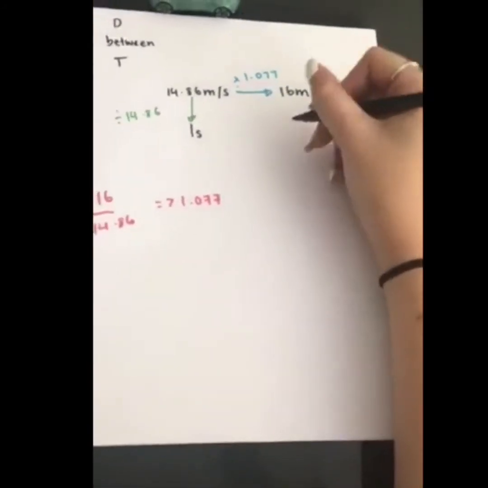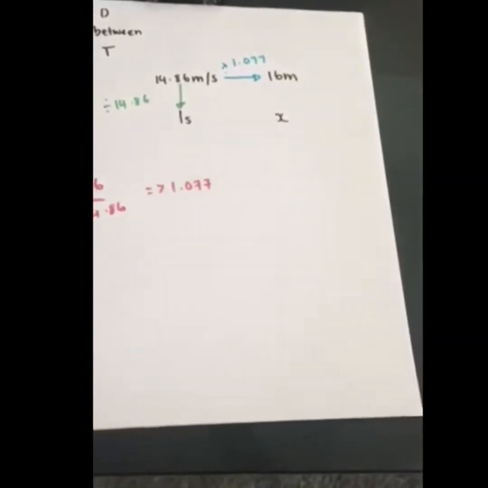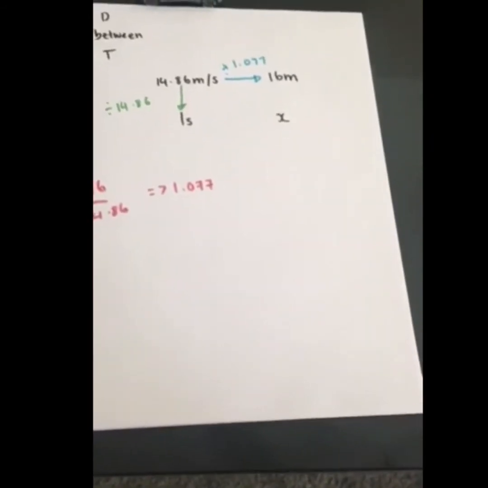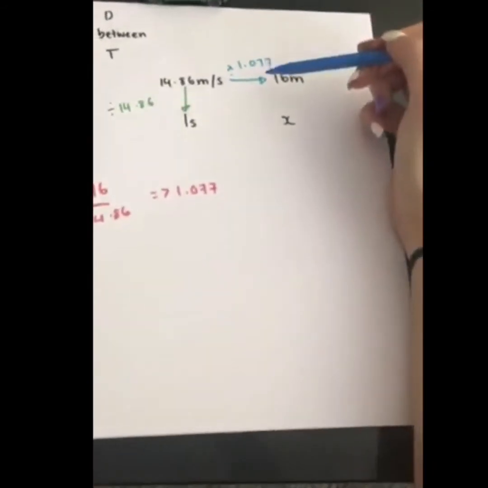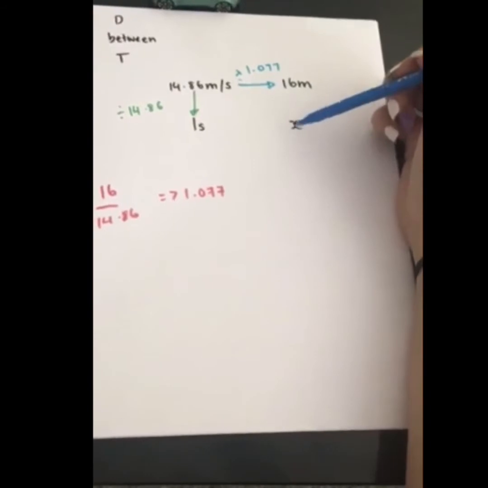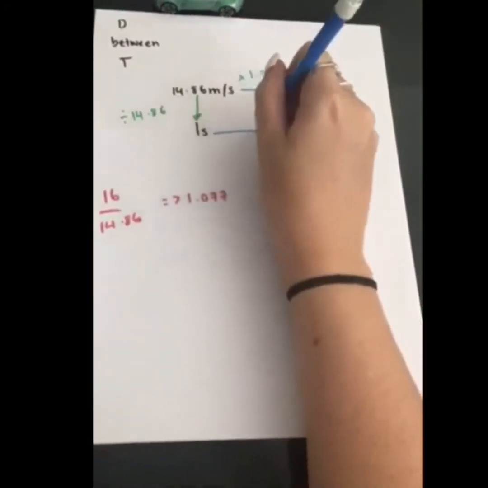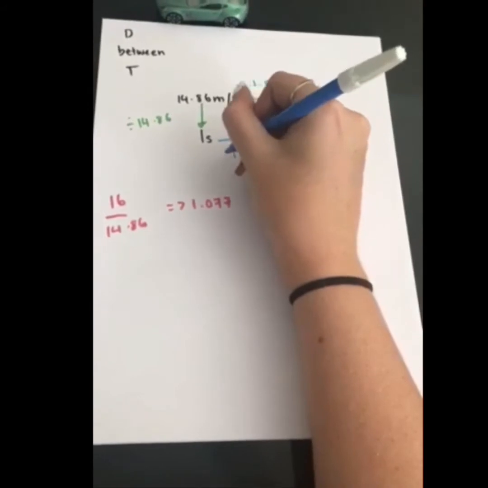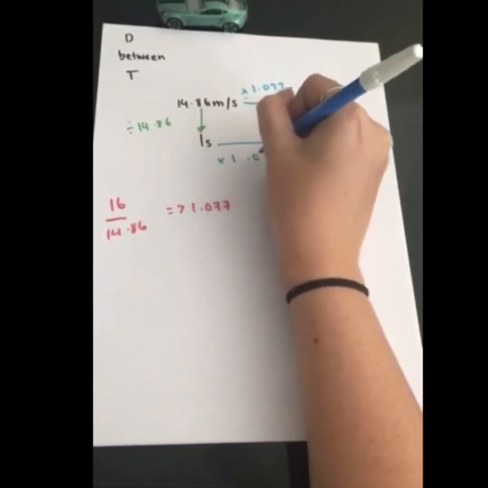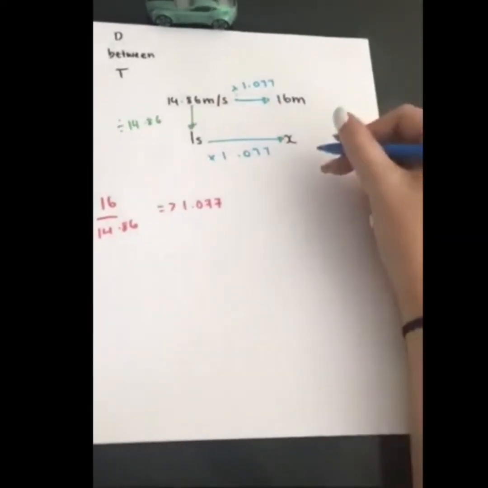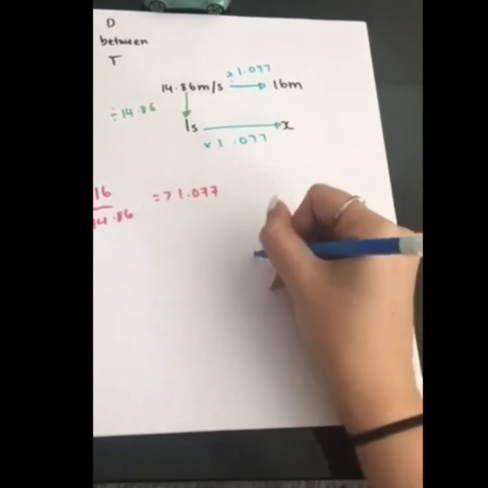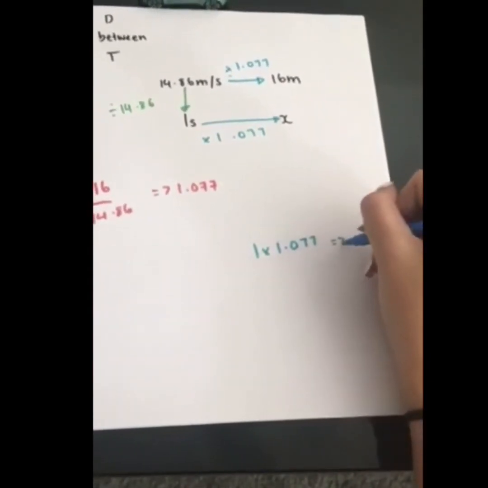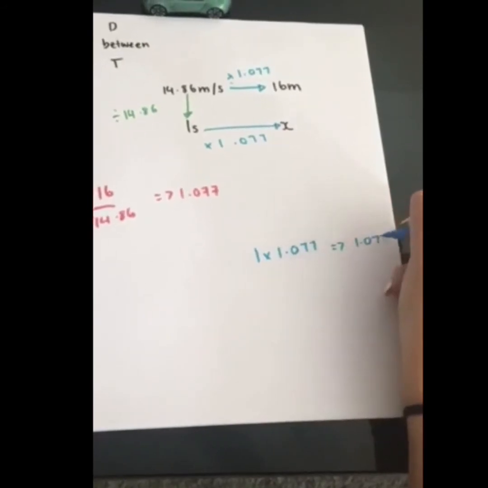We then need to place our unknown value in the opposite corner. So doing the exact same from here to here, working within our equation, we need to do the following. Repeat, so multiply by 1.077 to get x. So with that, 1 multiplied by 1.077 will then give us 1.077.